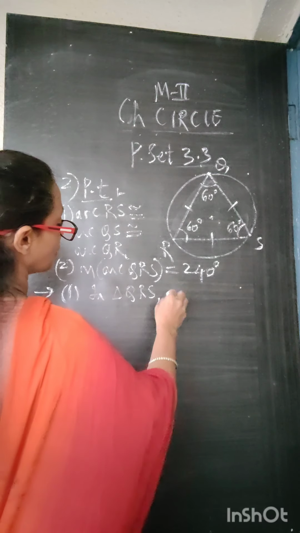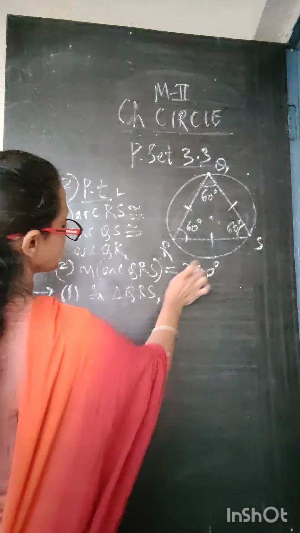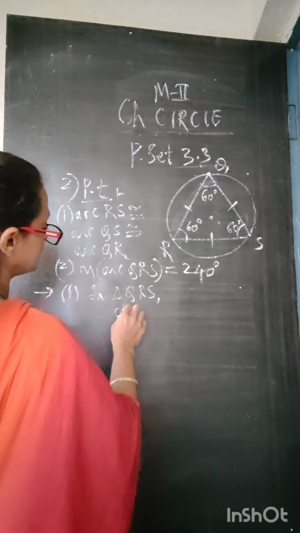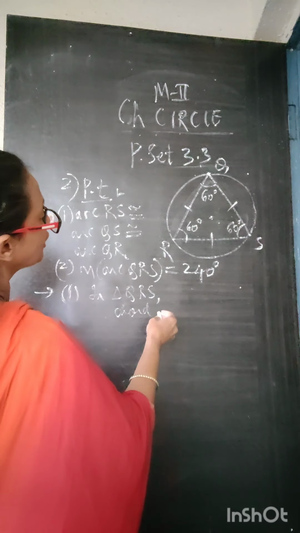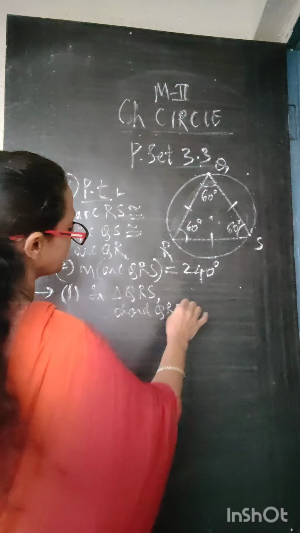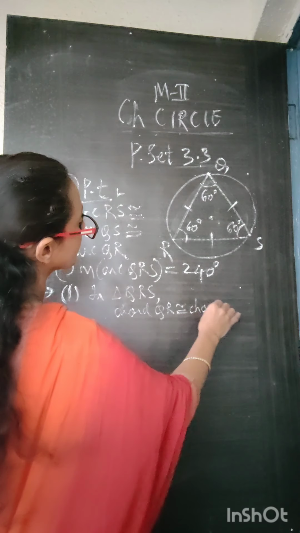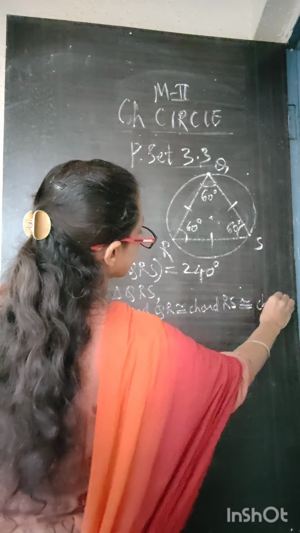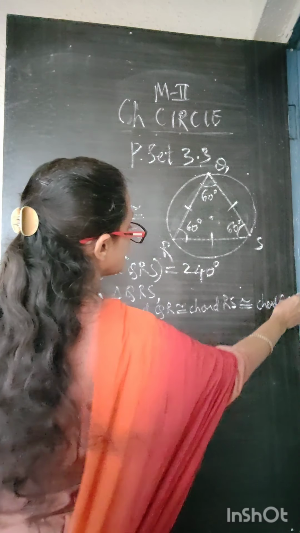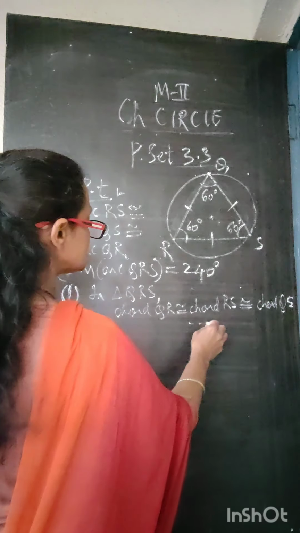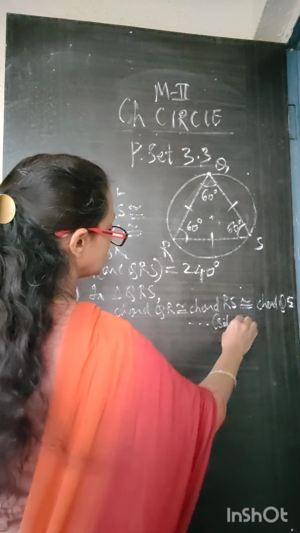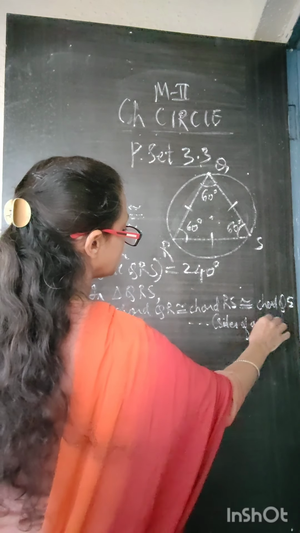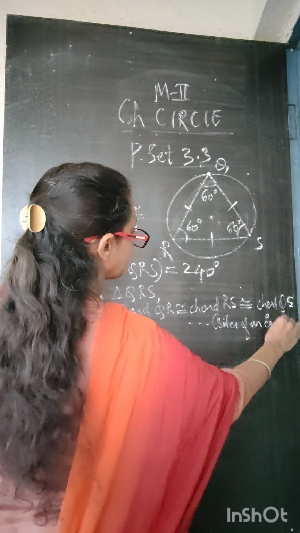All the sides are congruent, right? We can say chord QR is congruent to chord RS, congruent to chord QS. Reason: sides of an equilateral triangle.